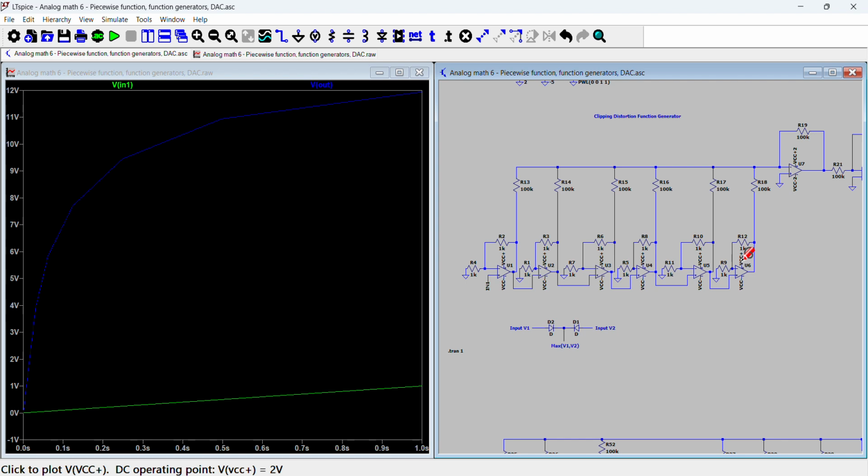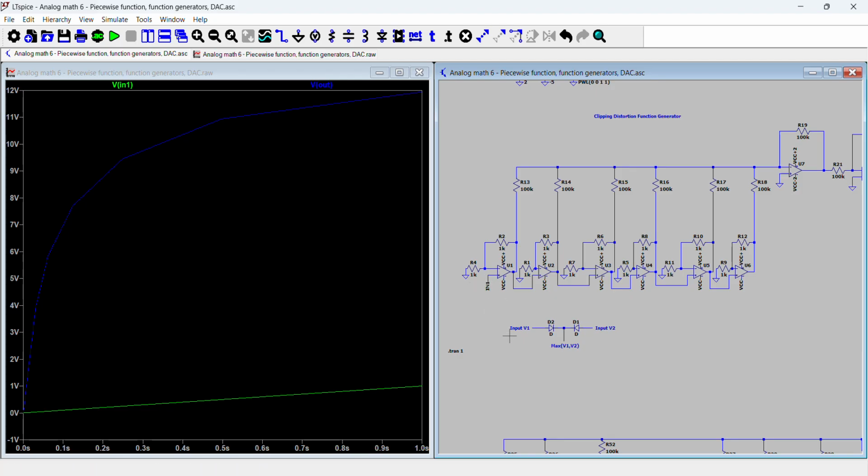So what happens there is, if the input voltage is too big, the later stages clip and they no longer contribute to the rate of change. They just output a constant voltage. So that's why you see that as the voltage increases, the later stages will have a lower rate of change, basically a slope that is smaller, because less and less of the later stages can contribute to the slope as the input voltage increases.